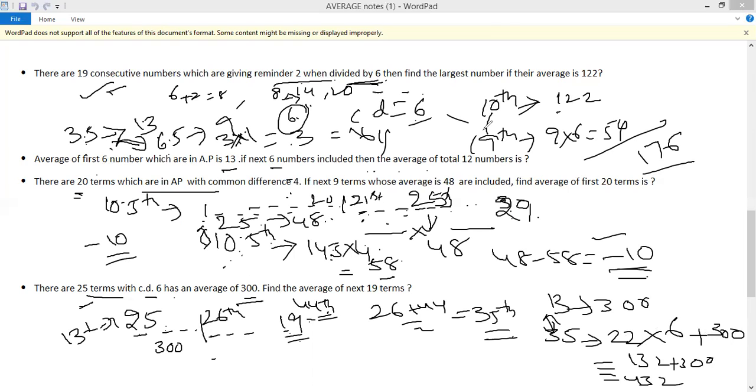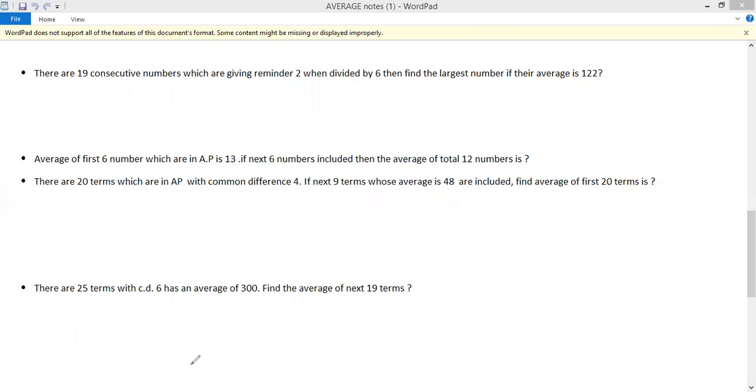Like these problems are repeated many times, so we will conclude with one formula. Already some numbers are there, their average is 300, and if you want the average of the next numbers, the previous average is given.